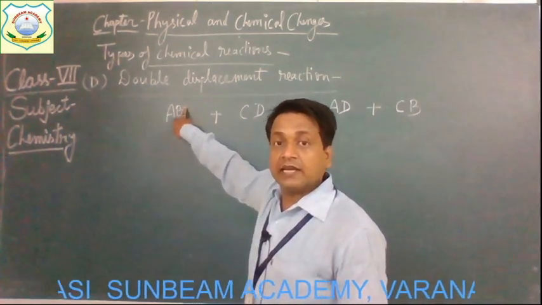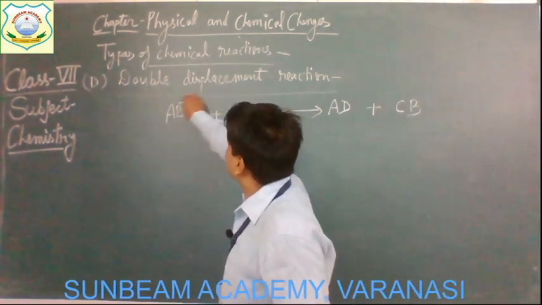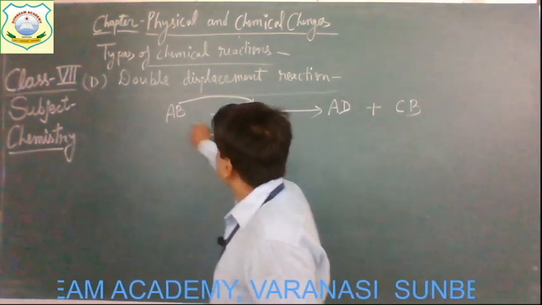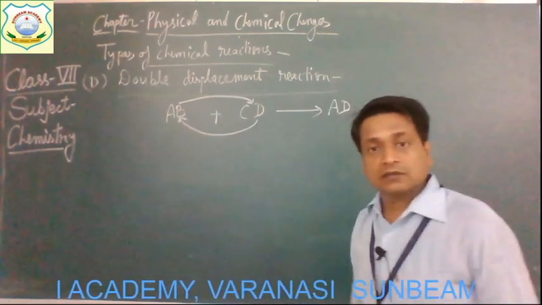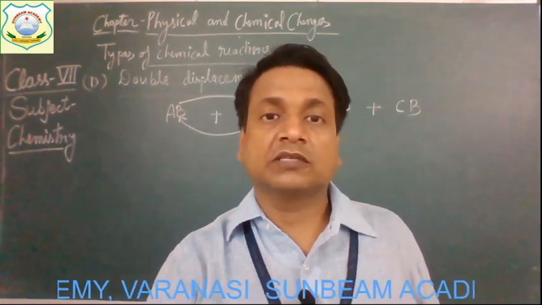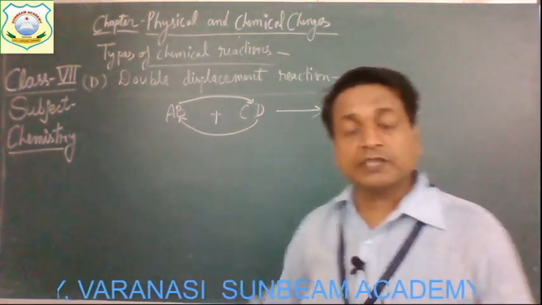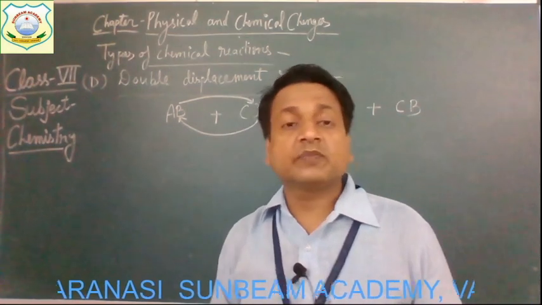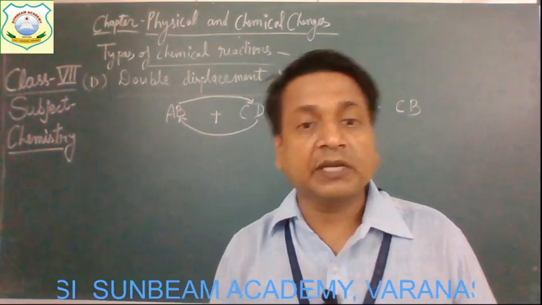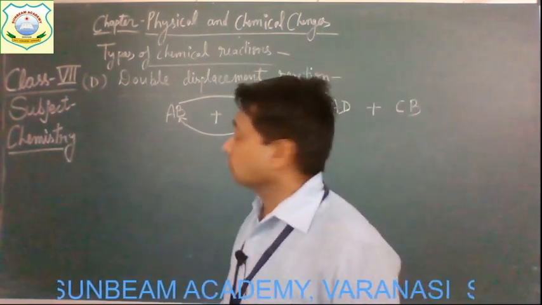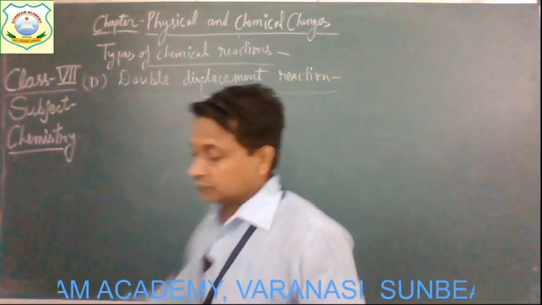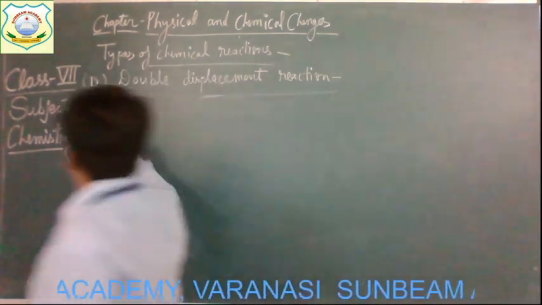This B gets exchanged with C, and this D comes to A. Okay, so this is the general reaction. Which one? Double displacement reaction. Now this double displacement reaction is of two types. The first one is precipitation reaction. So the first double displacement reaction is precipitation reaction.